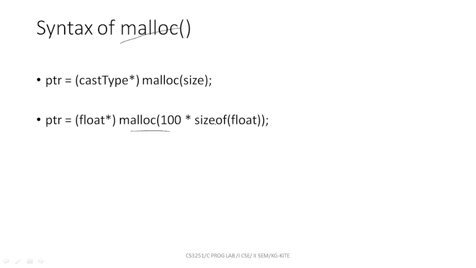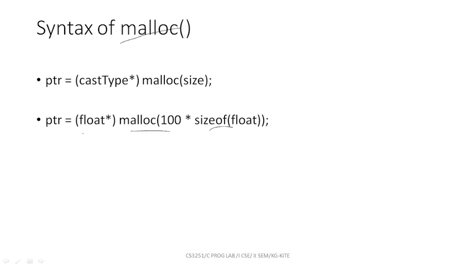Why is the sizeof function used here? Each data type has its own size. For example, integers will occupy a certain number of bytes of memory, float will have a different size, double will have a different size, and character will have a different size. In order to identify the number of bytes occupied by each data type, the sizeof function is used.